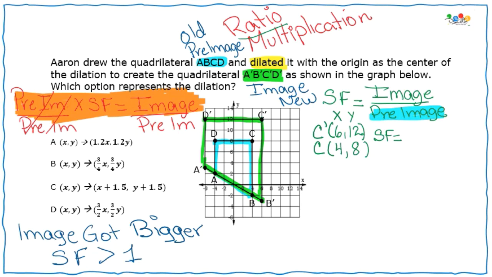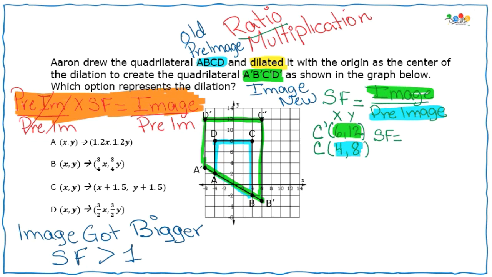That's my pre-image. And I want to highlight my image. Everybody with me? Okay, so my image is actually 6 and 12. And my pre-image is 4 and 8.